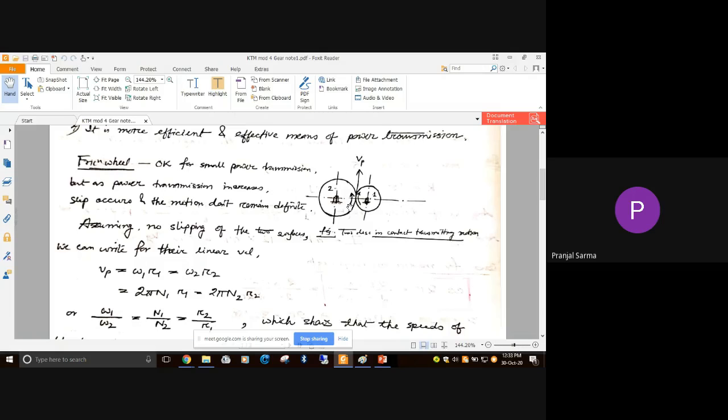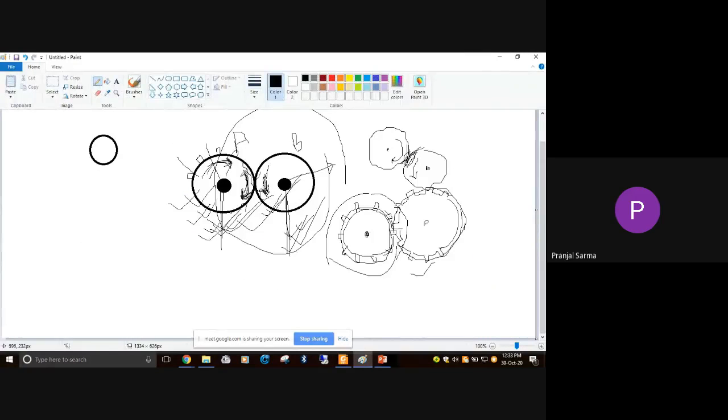Now, if we consider there is no slipping between these two surfaces, gear A and gear B, then what will happen?